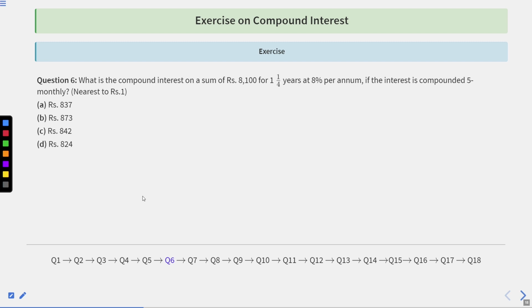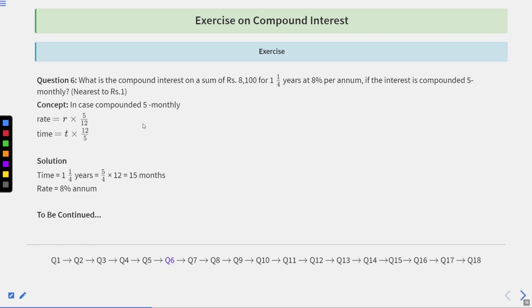Now, question number 6. What is the compound interest on a sum of rupees 8,100 for 1 year 4 months at 8% per annum, if the interest is compounded 5 monthly?